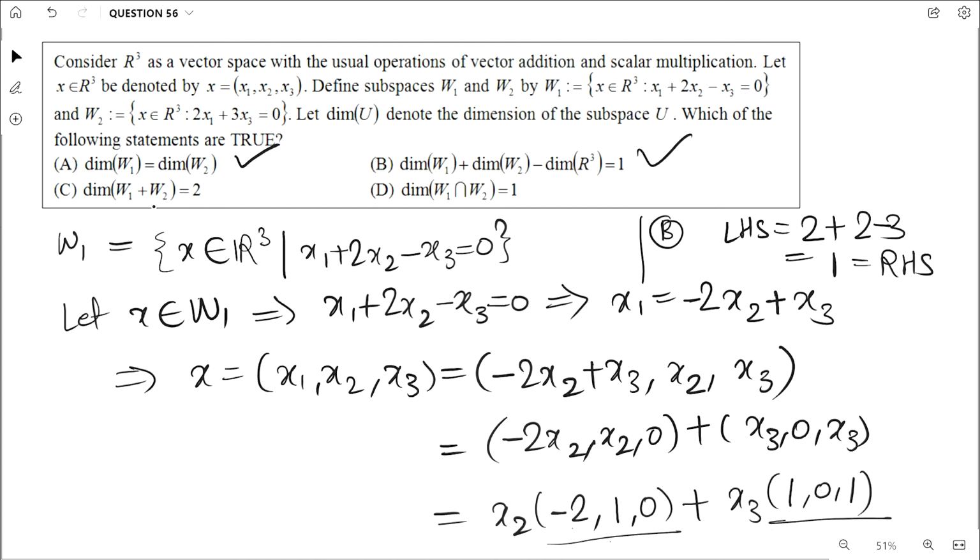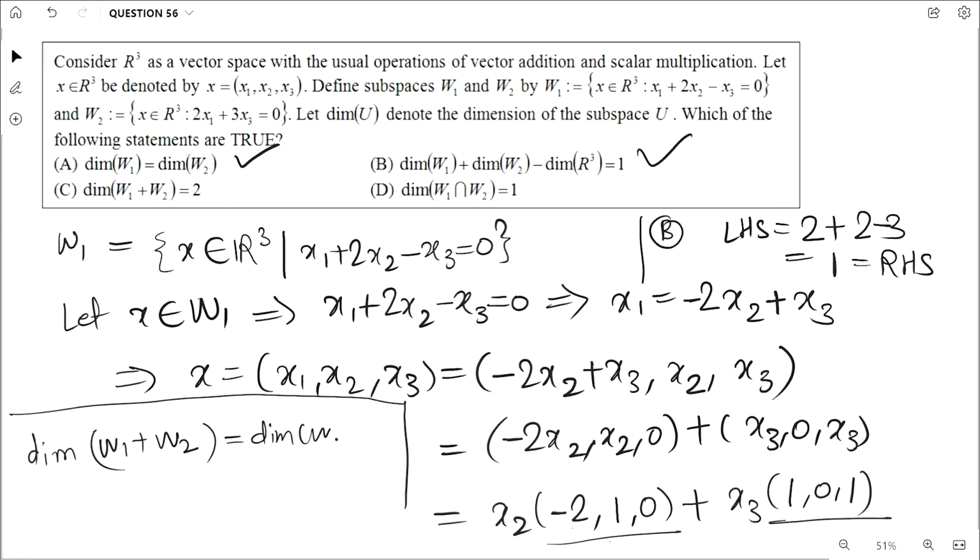Now for the C part. We have one formula: dimension of W1 plus W2 is equal to dimension of W1 plus dimension of W2 minus dimension of W1 intersection W2.